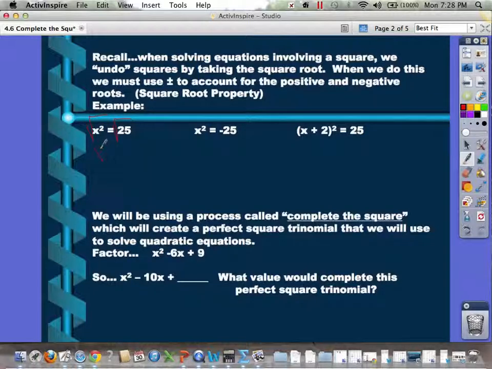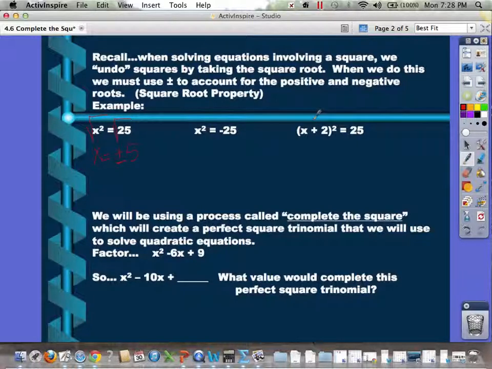So this will just leave x is, and remember because we're solving using square roots, it's a plus or minus. And then what's the square root of 25? Well, that's 5. So our answer is positive 5 and negative 5 will both work because 5 times 5 is 25, and negative 5 times a negative 5 is also 25. That's why it's both positive and negative.